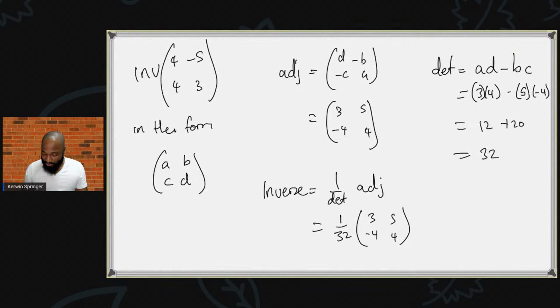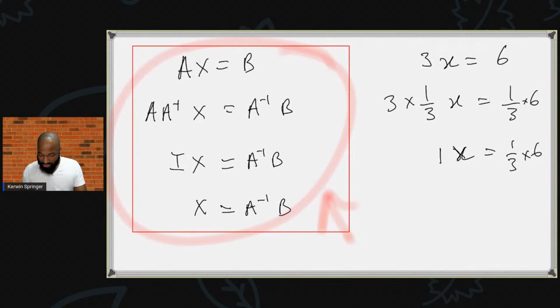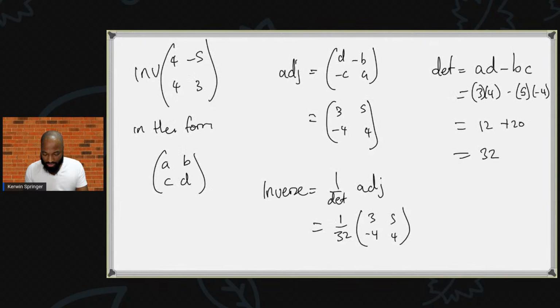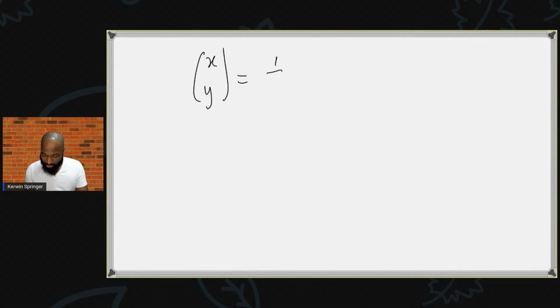All right, so 1 over 32, 3, 5, -4, 5. We could just leave this like this and see what's cooking. We need to multiply by 17 and 9. So therefore, XY is going to be the inverse, which you just found, 1 over 32.